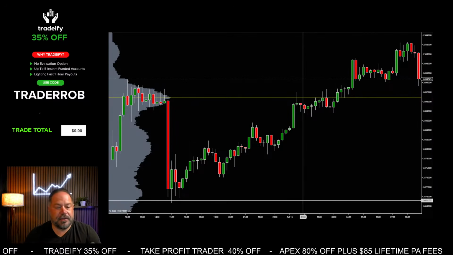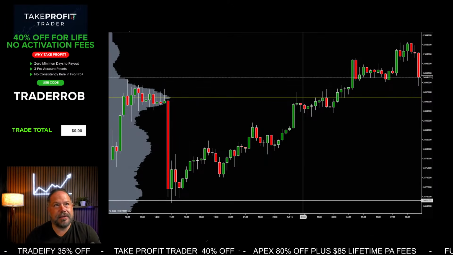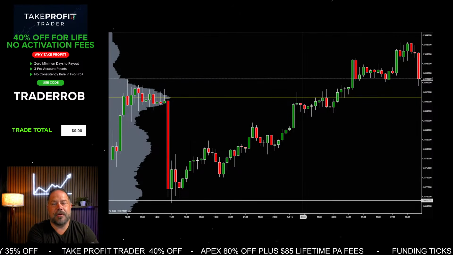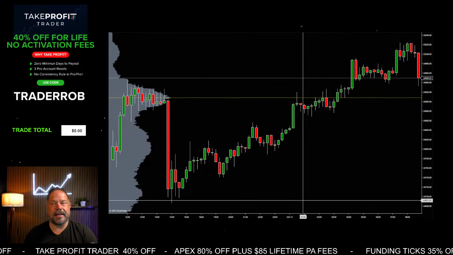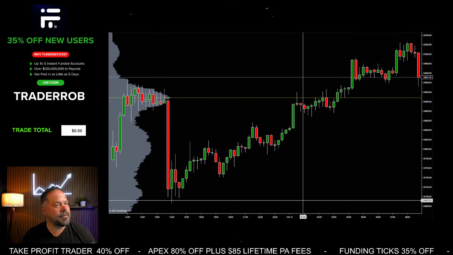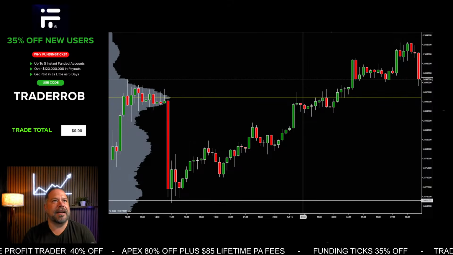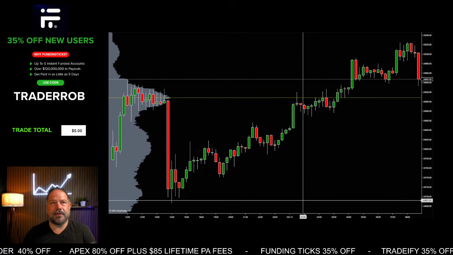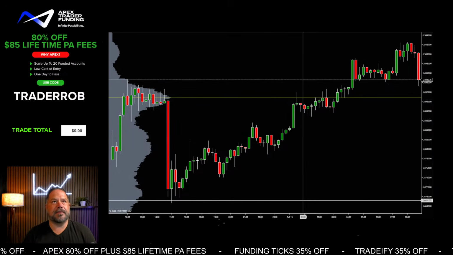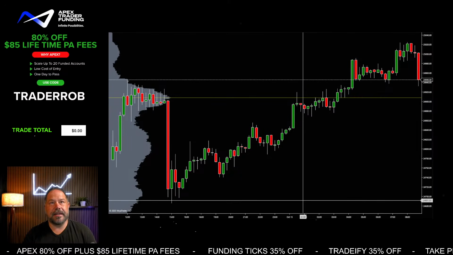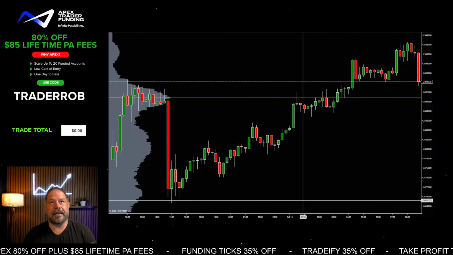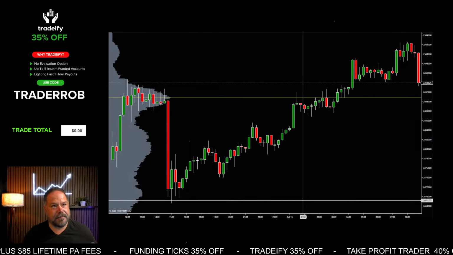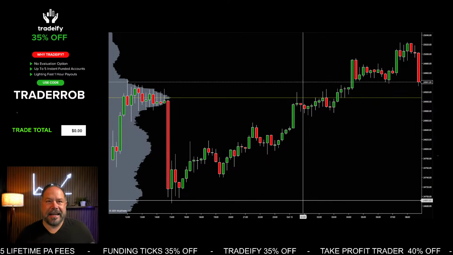I'm trading the NQ and the ES, 1 E-mini, so that's what the quantity is going to be. But that's going to be scaled across 7 different accounts: 2 cash accounts through Ninja, 3 through Funded Ticks, 1 through Tradeify, and another funded account with Take Profit Trader.